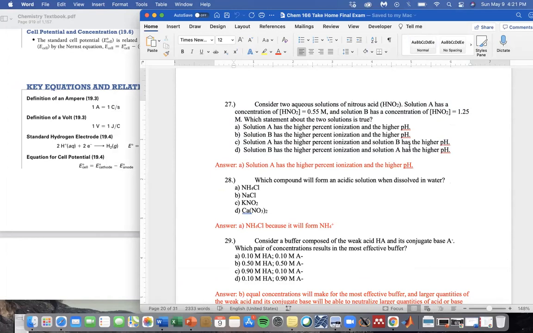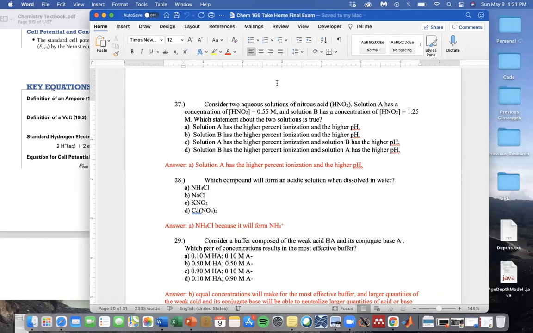We narrowed it down to A and D, but the correct answer is A. So I was wondering if you could explain how to figure out the percent ionization based on the information given. Okay, so we have the solutions.